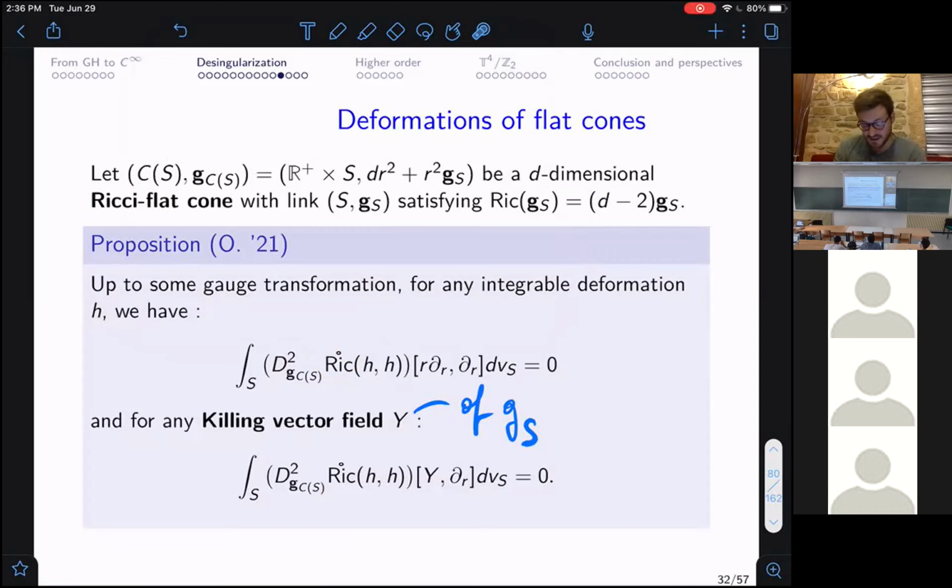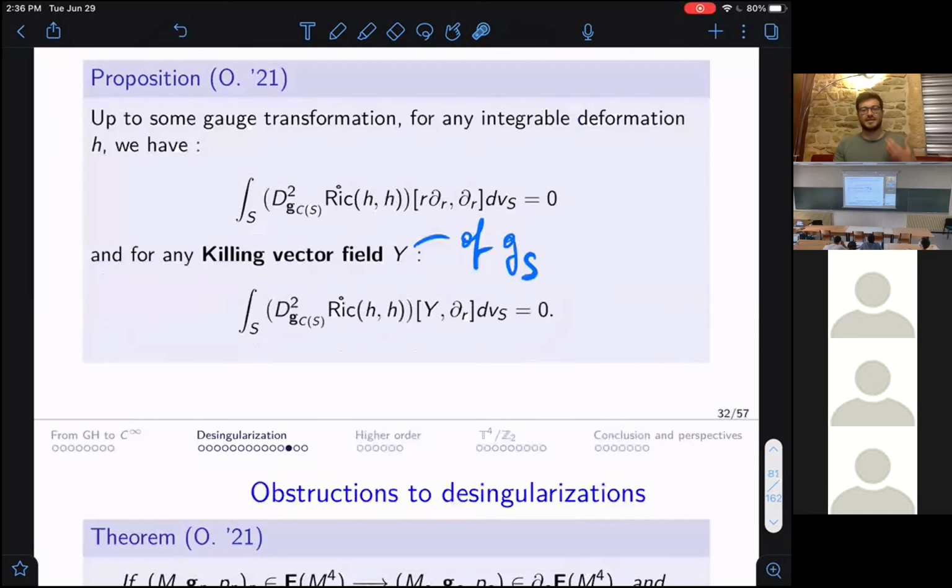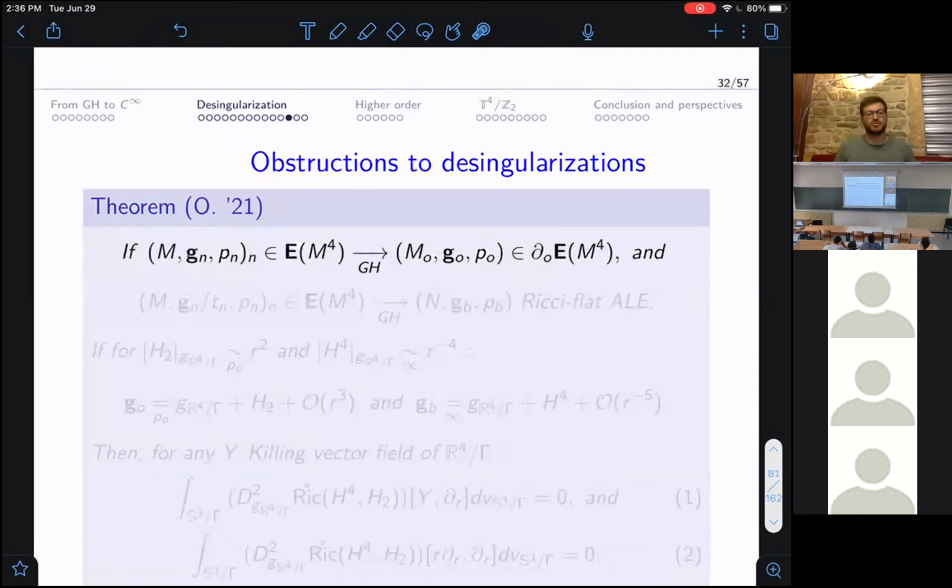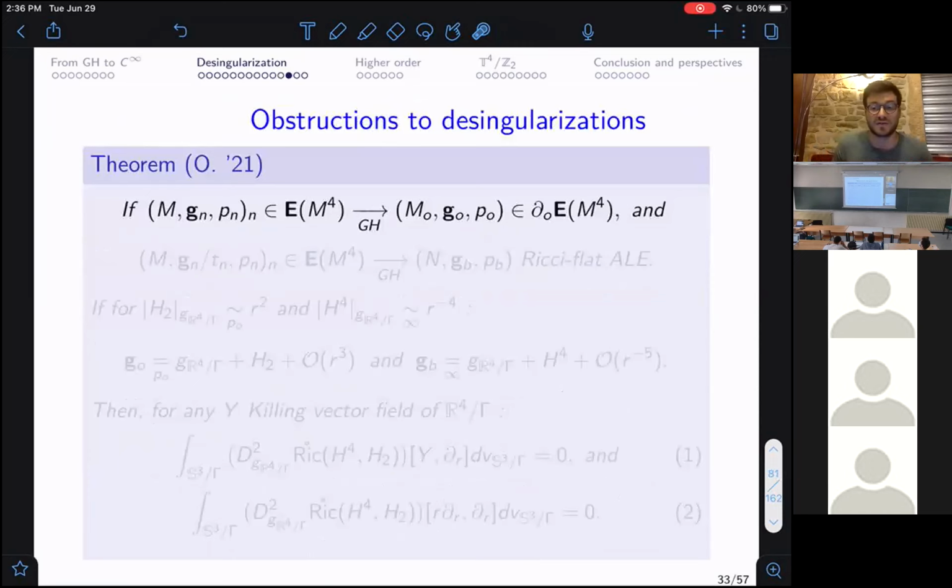And what's important for us is that they are equal to many obstructions that we have to the desingularization of Einstein metrics. So take a sequence of Einstein metrics converging to an orbifold. And let's assume that a rescaling of it converges to a given Ricci flat ALE metric. So that's our general situation, but let's use these notations.